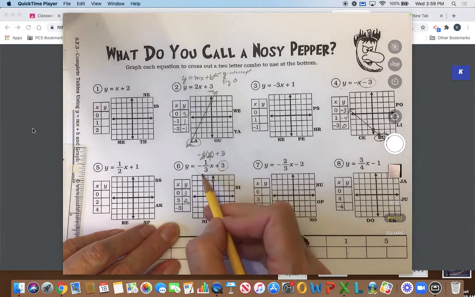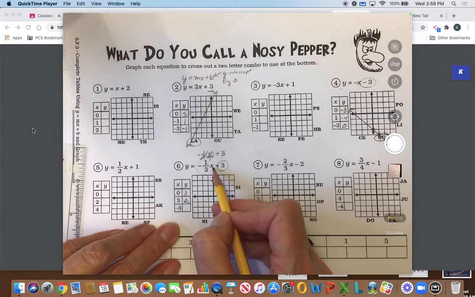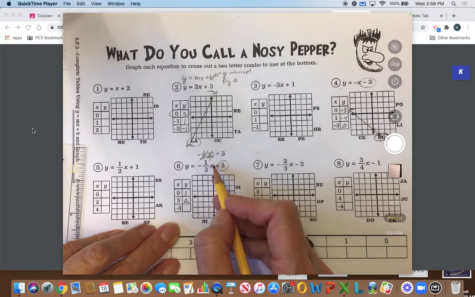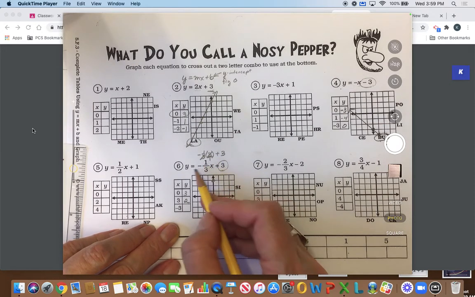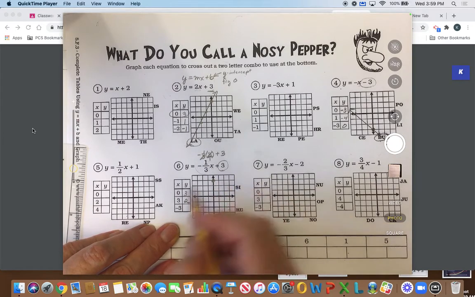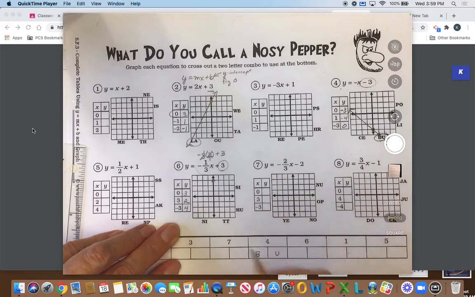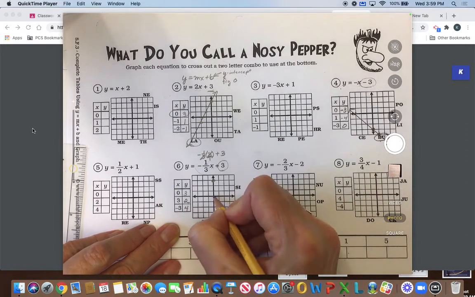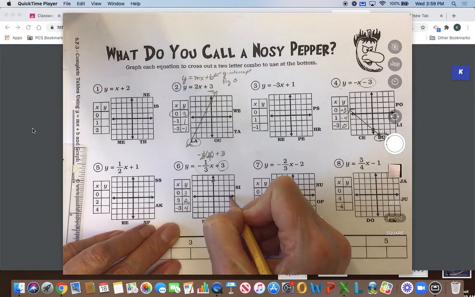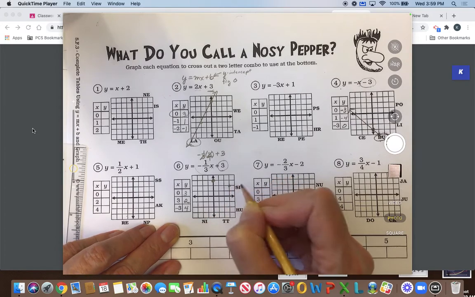All right, and then if we put negative 3 in here, we can do the canceling again, but this time a negative times a negative is a positive. So this time we get a positive 1, we add it to the 3, and we get 4. Okay, so 0 and 3 we've got, and then x is 3 and y is 2.